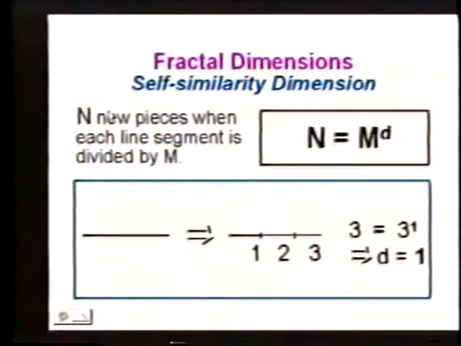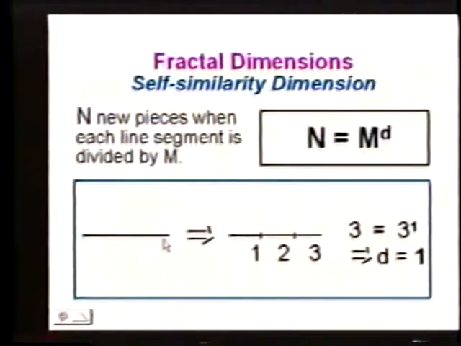So I'll say that again. We're going to cut up the object into line segments, each of m line segments, and we're going to see if we have n pieces. Each piece has got to be geometrically similar to the original. When that's the case, then n equals m raised to d, where d is the dimension. So this gives us a dimension. And now we're going to see 3 examples of that.